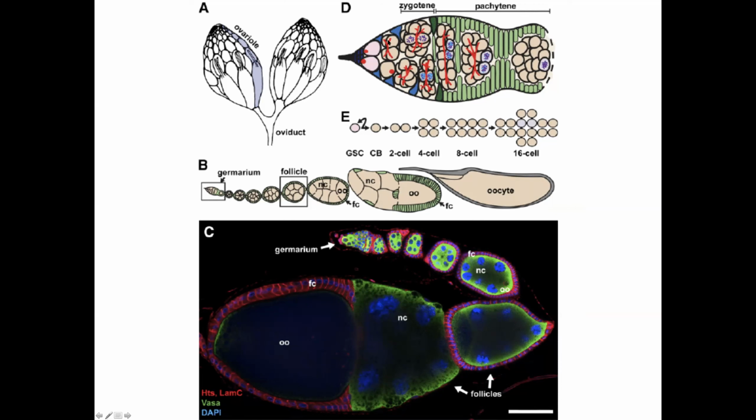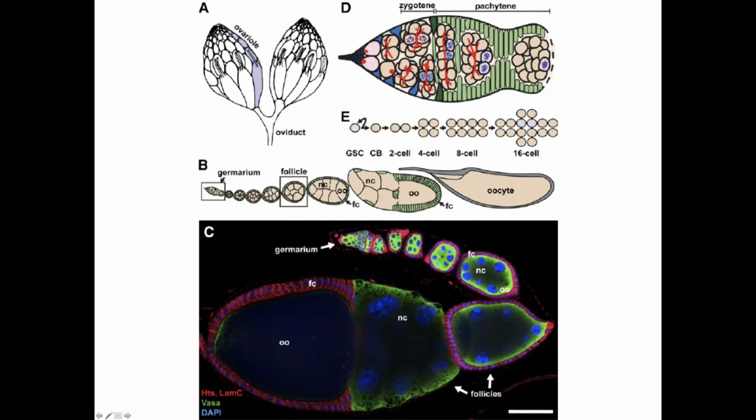And surrounding the germline stem cell is this cover of the germarium, which has these cells called the cystoblast or follicle stem cells. So they essentially also divide and grow.